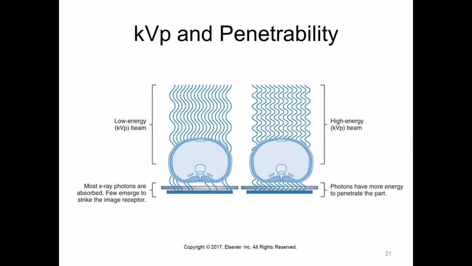You still have some transmission, you always still have transmission, along with your absorption and your scattering. But with a low energy beam, you're not going to have as much direct transmission. On the right-hand side, high energy kVp beam, you've got more energy on those photons, more energy to penetrate, in addition to the absorption and scattering that's happening.